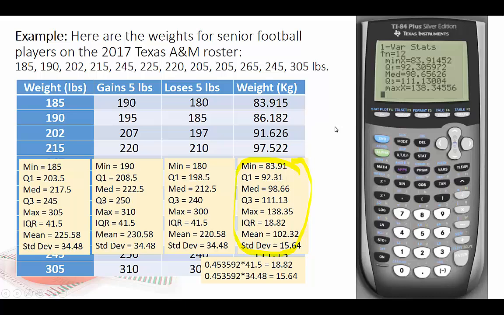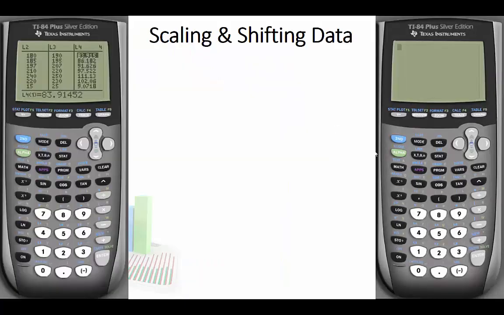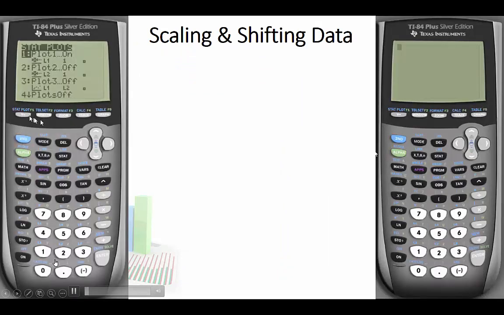So let's go ahead and take a look again at scaling and shifting data. So here, what I did is I'm going to do comparative box plots for the ones that are shifted. So I make sure all the box plots are on. I've got list 1, and I turn on outliers. Plot 2, make sure I turn that on, and make sure it's the right list.